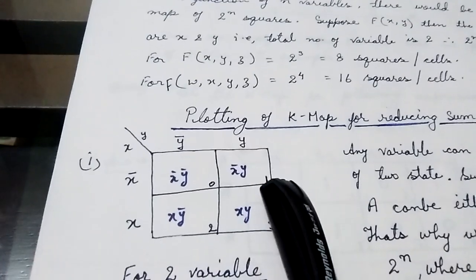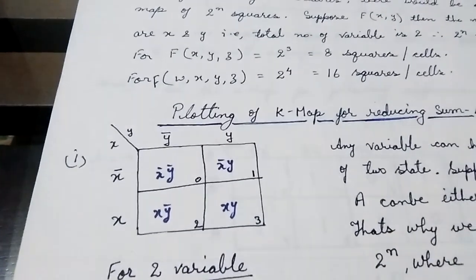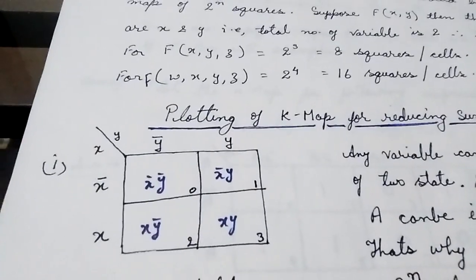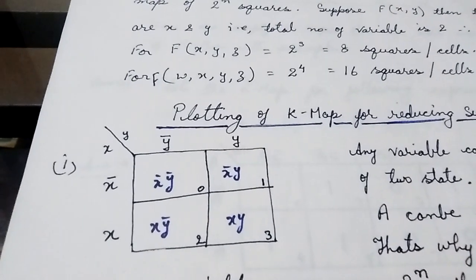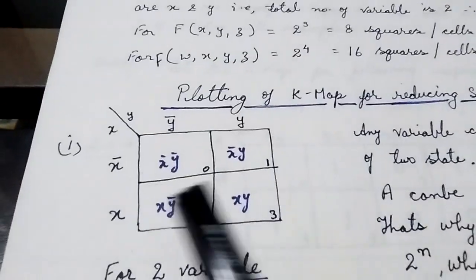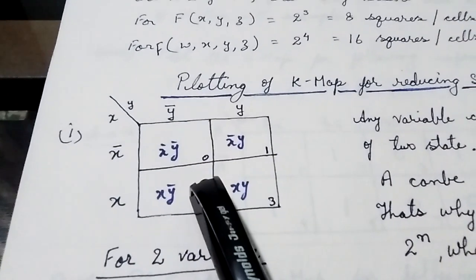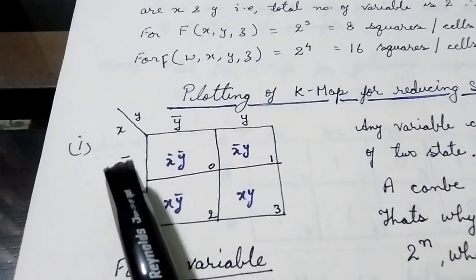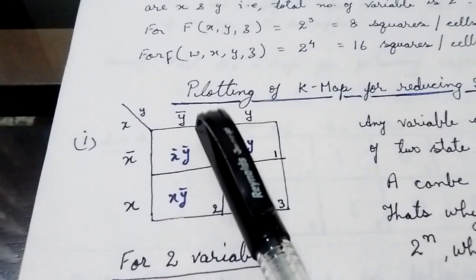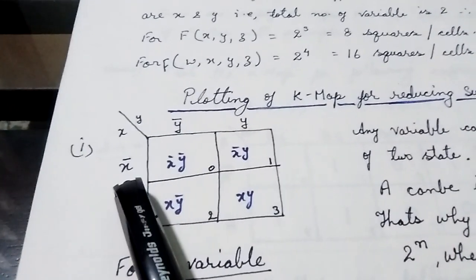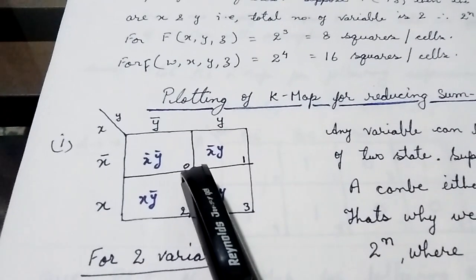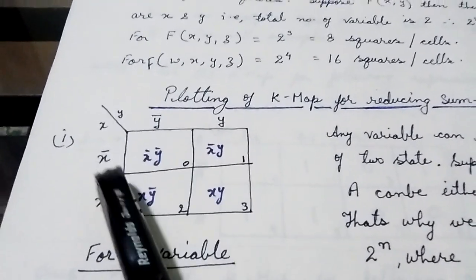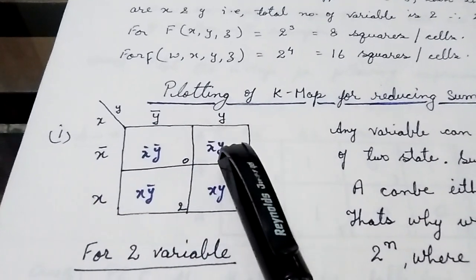So it is 0, 1, 2, 3. Now how have these 0, 1, 2, 3 been derived? We see that each cell is a combination of row and column. So row wise, here we get x and y, and here y bar, x bar. x bar, y bar is 0, 0. That's why it results to 0. x bar, y is 0, 1.